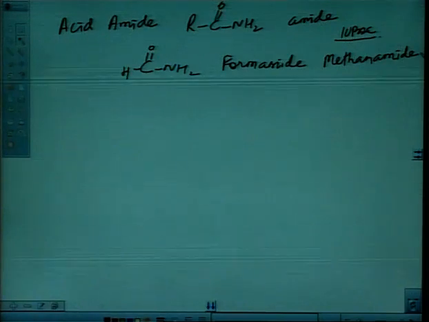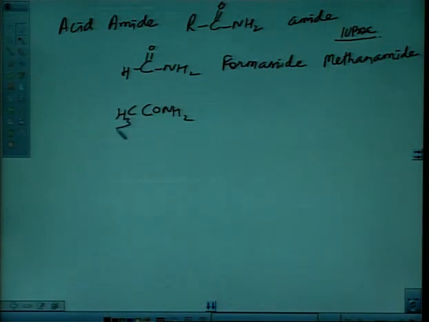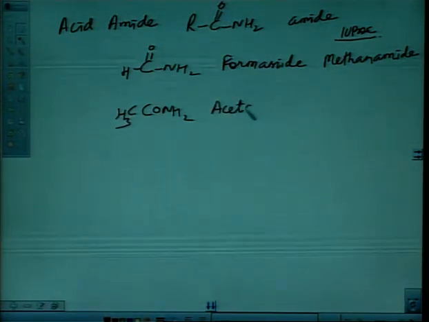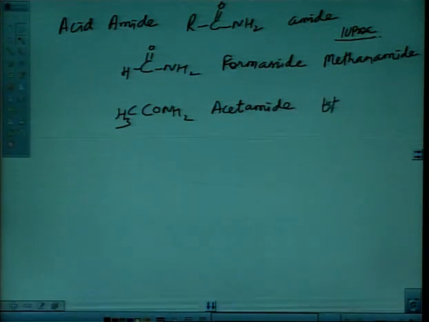For 2 carbons, the name is acetamide, and the IUPAC name is ethanamide.